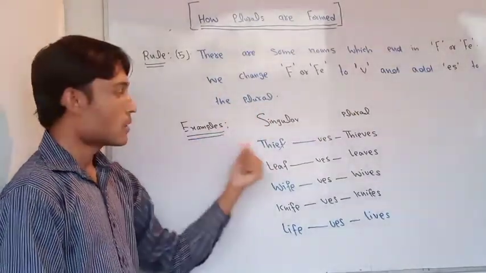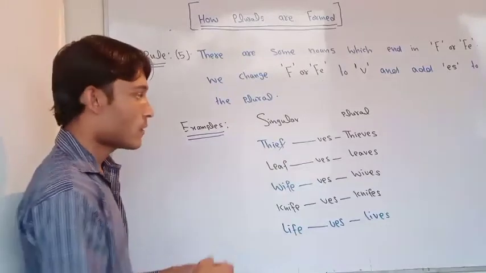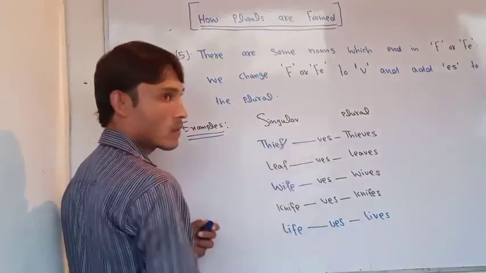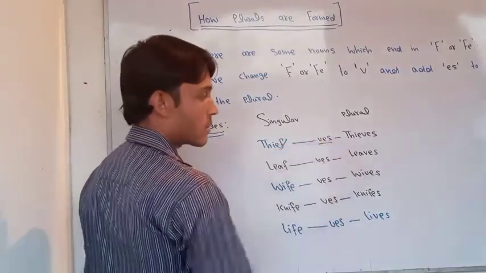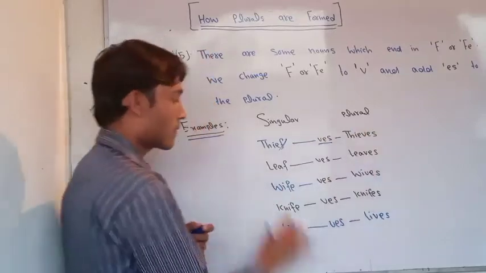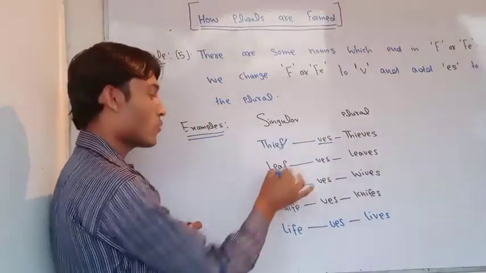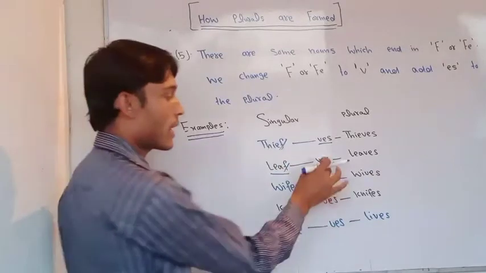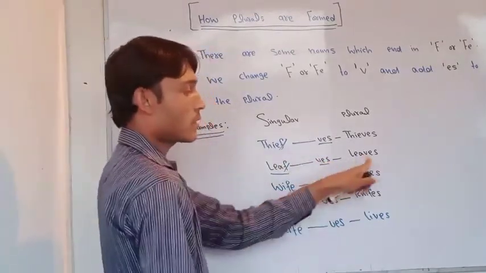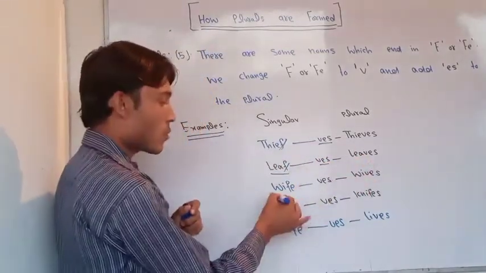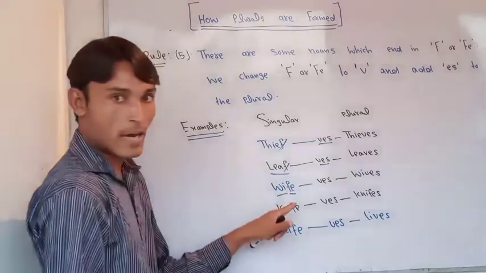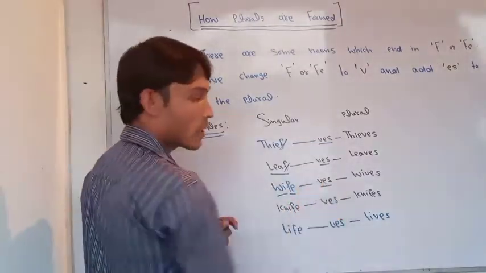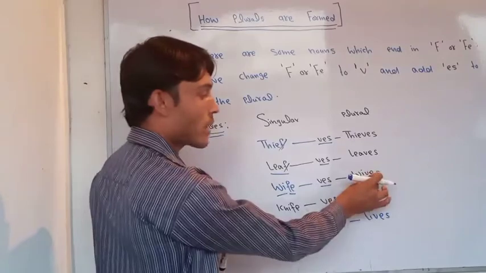Examples: thief, there is f, so we remove f and we add ves, and that is called thieves. Next one is leaf, so we remove f and add ves, that is called leaves. Next one is wife, we remove fe and add ves, so we say wives.